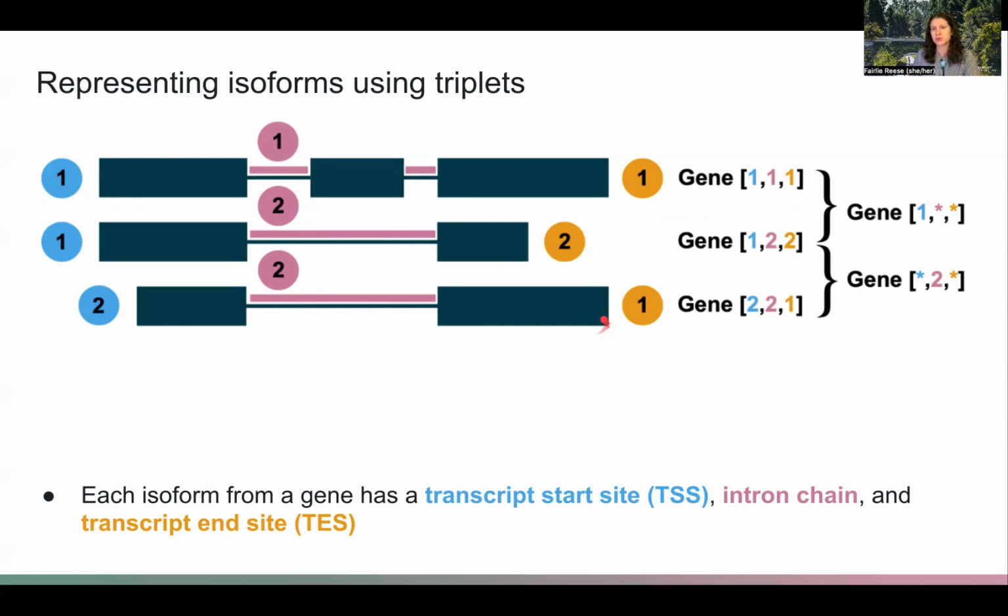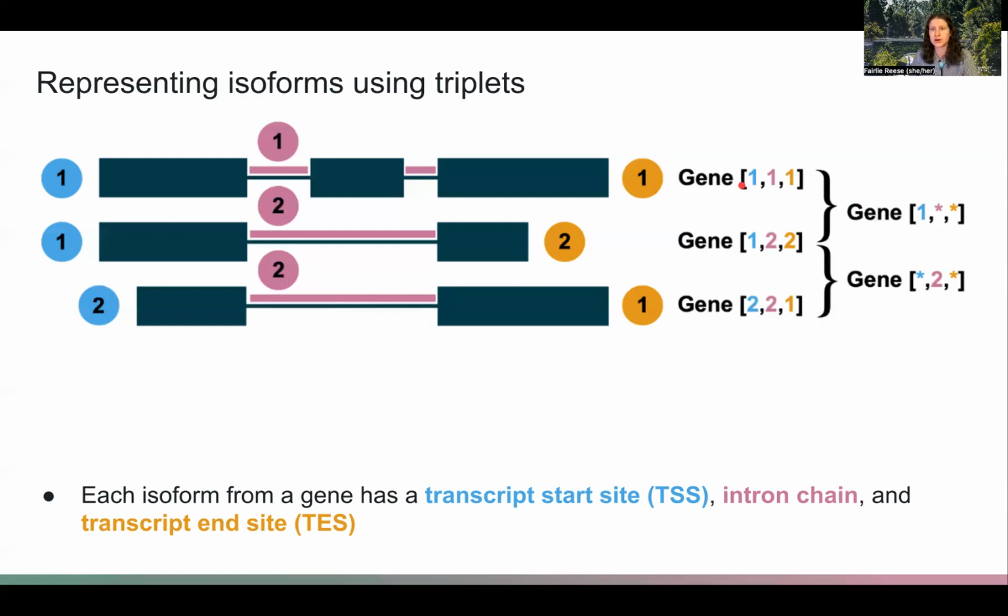We can also refer to groups of transcripts that share characteristics in this space using this syntax here, where this 1 refers to all those transcripts that use that TSS. This also enables us to compare transcripts based solely on their name.